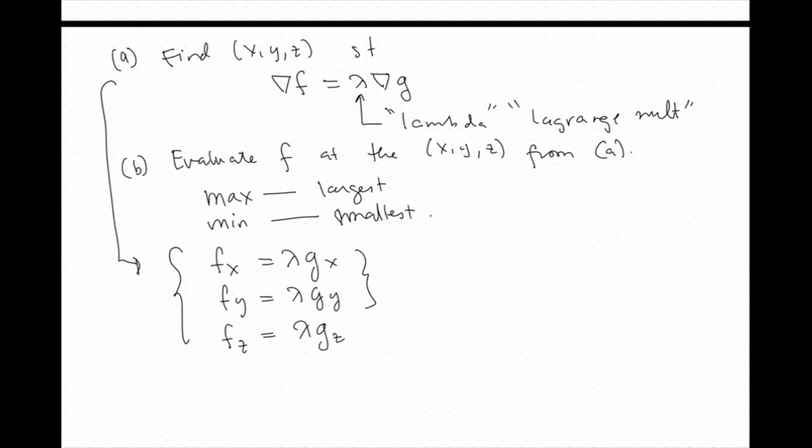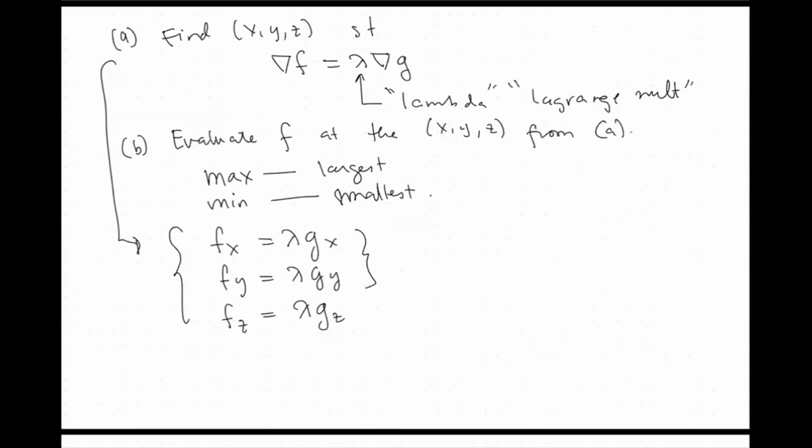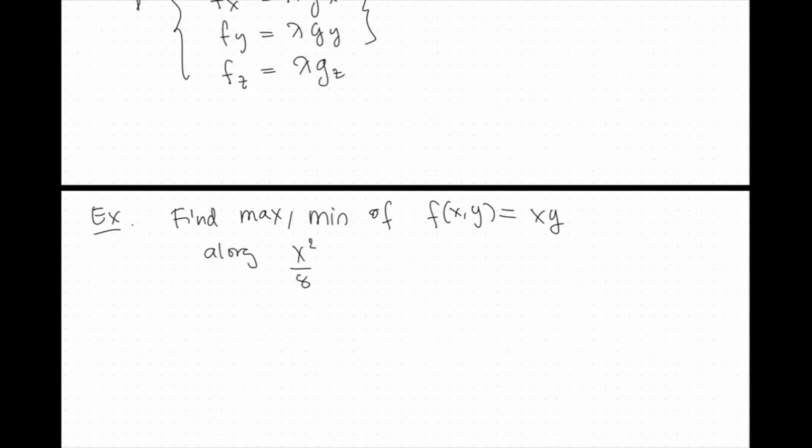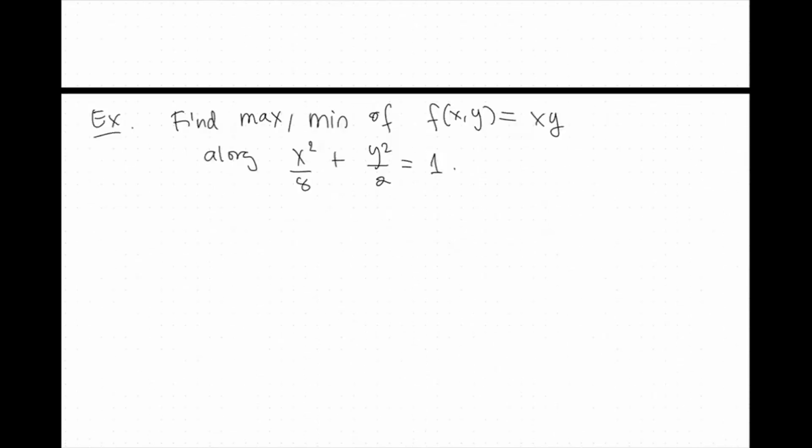Okay, now let's look at an example. Find the maximum and the minimum of the function f(x, y) equals xy, subject to the constraint along the curve x squared over 8 plus y squared over 2 equals 1.